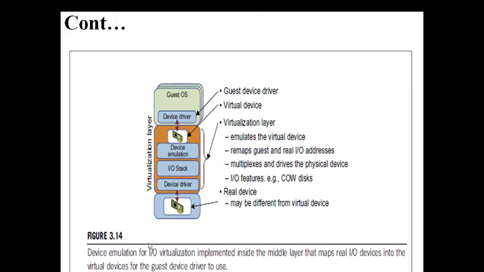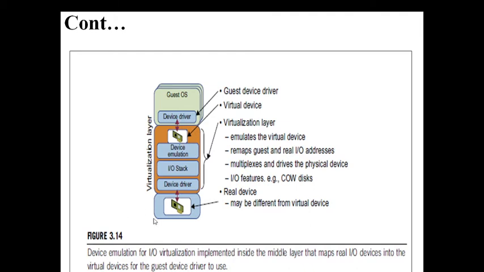These are our real devices. Our device drivers support these devices. The IO stack is a stack in terms of servicing the requests of the VMs, multiplexing and driving a physical device. Device emulation: with the device emulation, how the device looks for us is copied here.